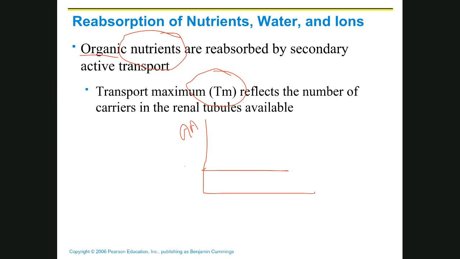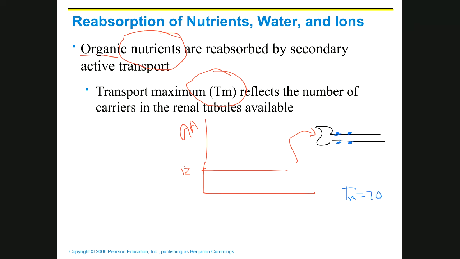Let's say it's 12. Well, that's what's going to get to the kidney. That's going to go through the filter. Amino acids go through the filter very easily. And so look, there are carriers for that particular amino acid. And I don't know what this transport maximum is, but let's say that transport maximum is 20.